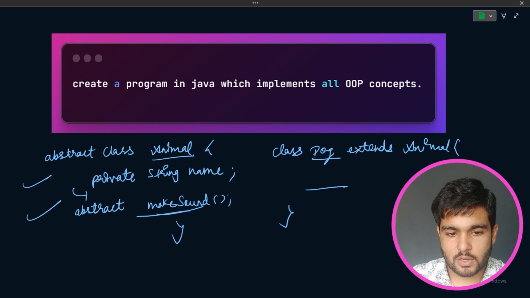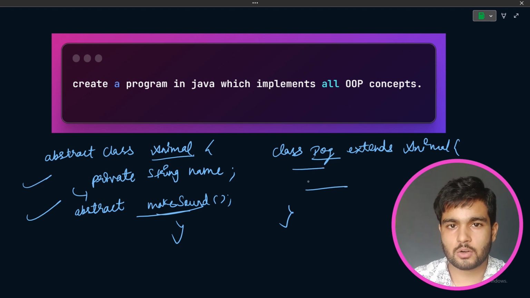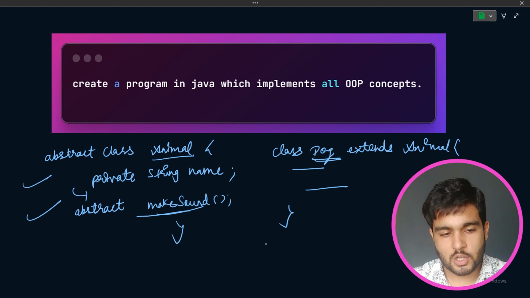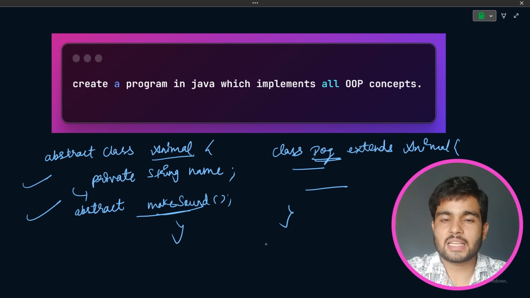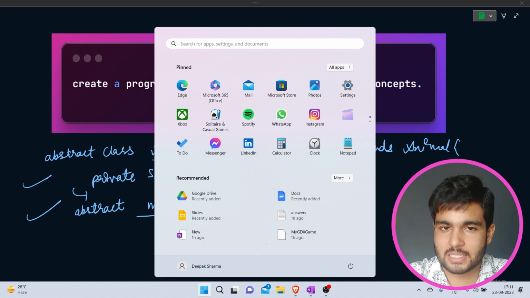We will give a default constructor or parameterized constructor for setting the name of the dog. And we will create another class which would also extend Animal, and it would also implement the makeSound function. So let's do that. I will create the program, and then I will show you how we have implemented all the concepts of object-oriented programming in the same program.